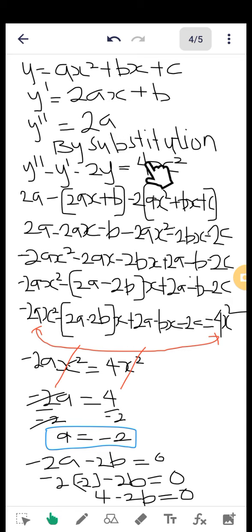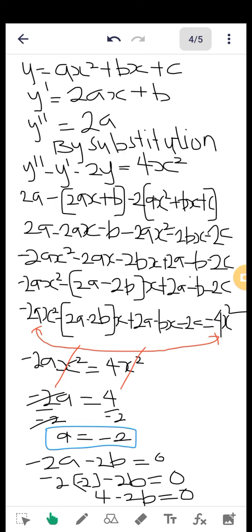Then we make a substitution into the original equation, y prime prime minus y prime minus 2y equals 4x squared. Let's forget about the right hand side and focus on the left hand side. Whenever I see y prime prime, I substitute 2a.